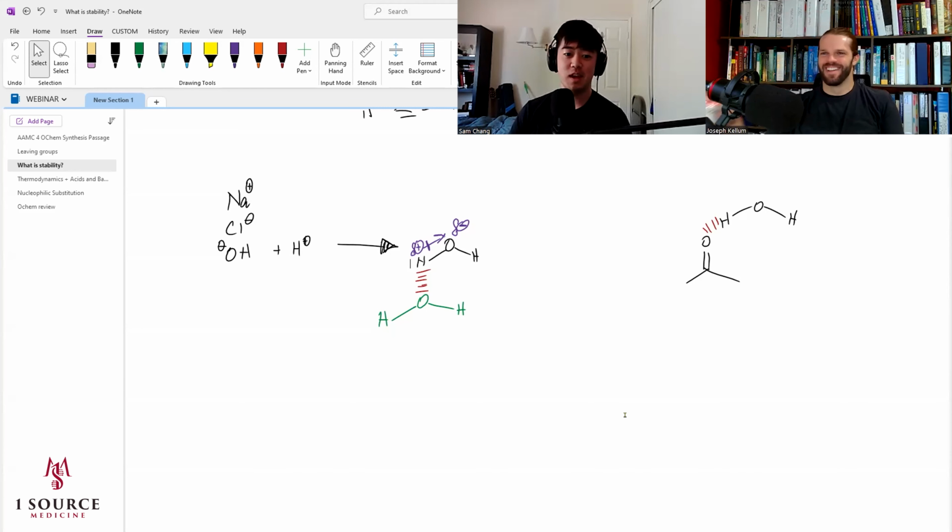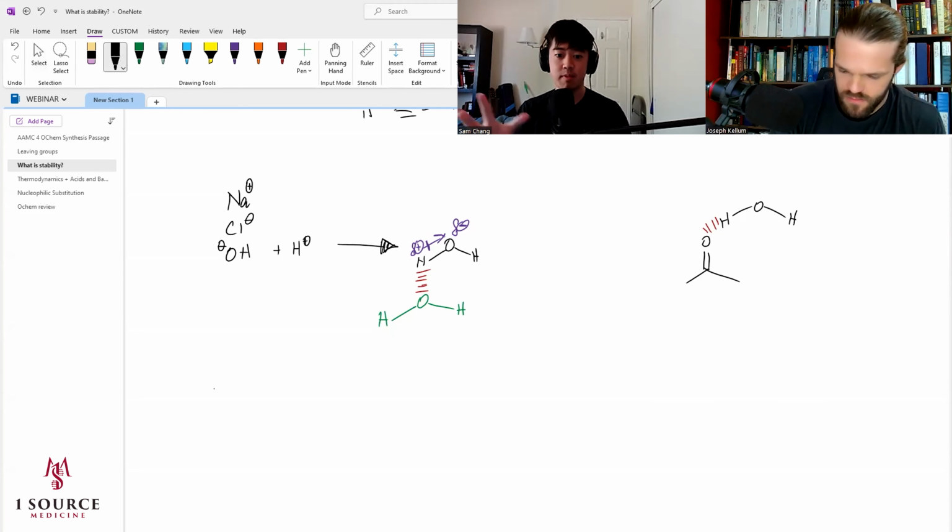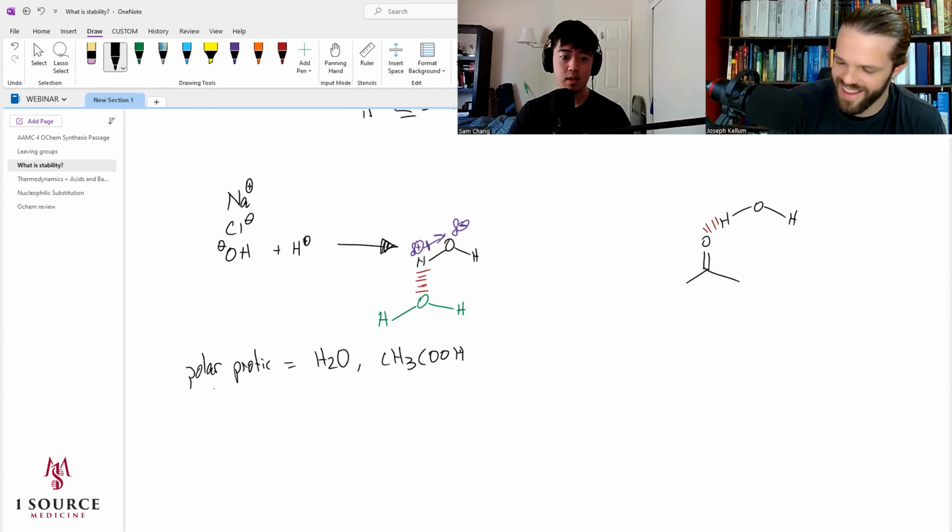So basically, it goes back to the idea of stability that Joe was talking about with SN1. First, it's useful to define what a polar protic solvent is. A polar protic solvent is a solvent capable of hydrogen bonding, like an alcohol.